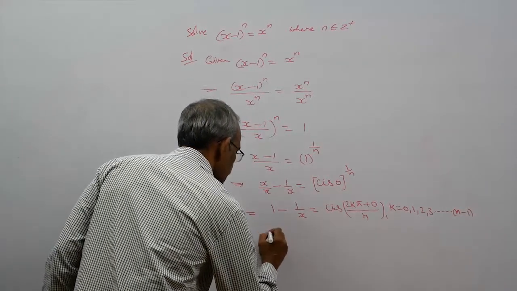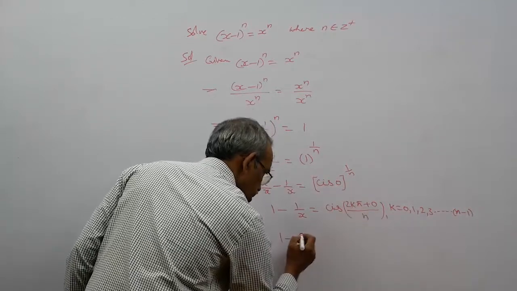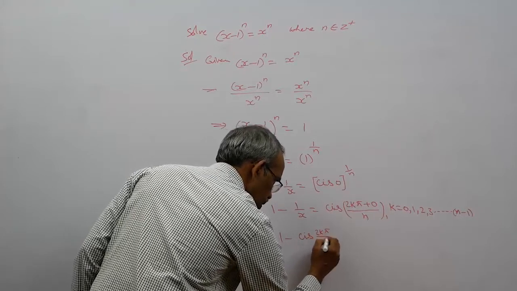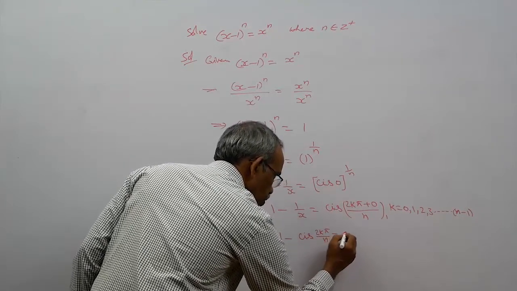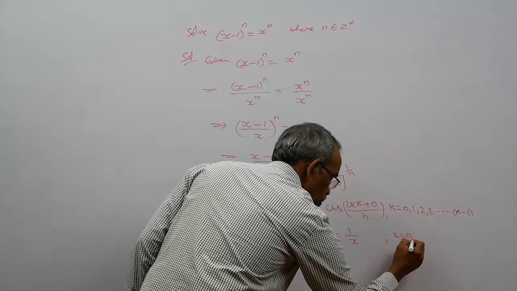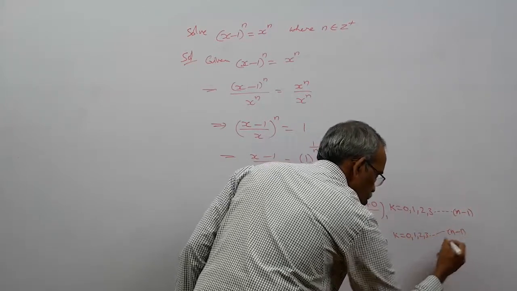That implies 1 minus 1 by x is equal to cis 2k pi by n, where k equal to 0, 1, 2, 3, 4 up to n minus 1.